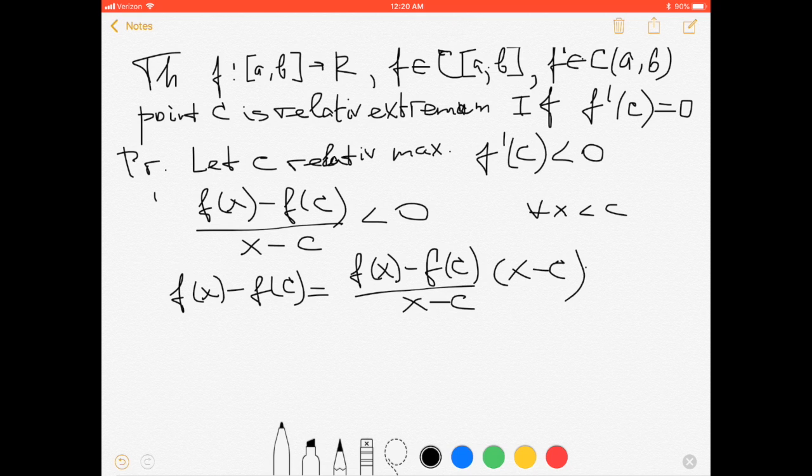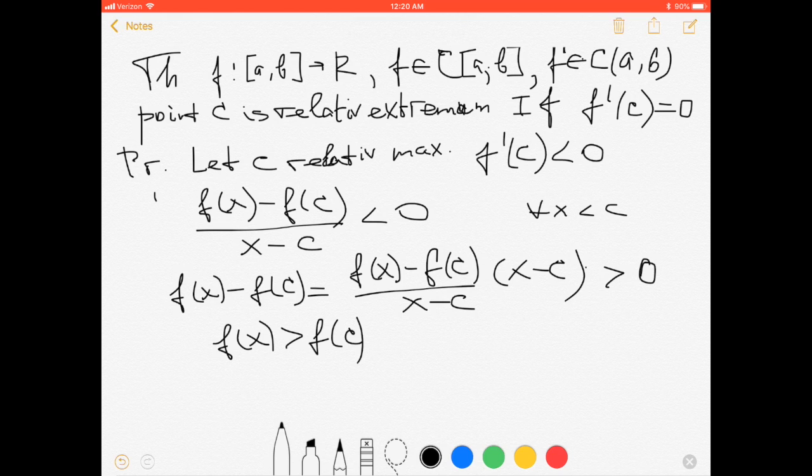Because x is less than c, the factor is negative and the fraction is negative, so altogether it will be positive. And we have the same problem: f(x) is greater than f(c), but c is a relative maximum.